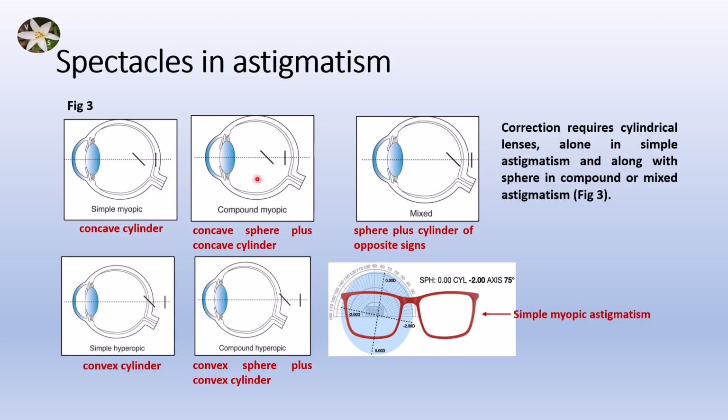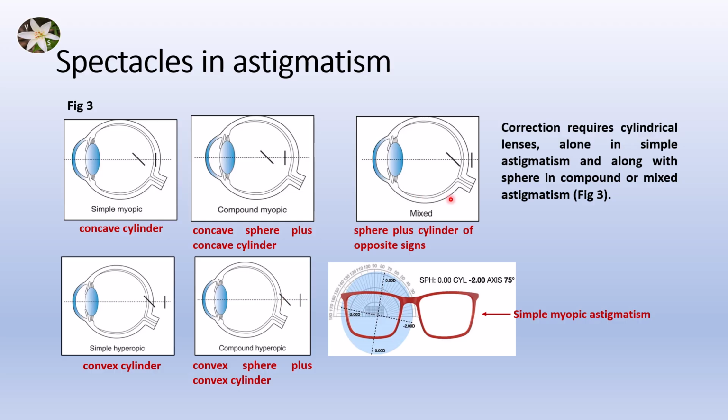Now here, where both the axes are at fault, you would require a sphere to correct this axis and an additional cylinder to correct this axis. Here it would be a minus sphere and a minus cylinder, whereas here you would require a plus sphere to bring this focus at the retina and an additional plus cylinder to correct this.